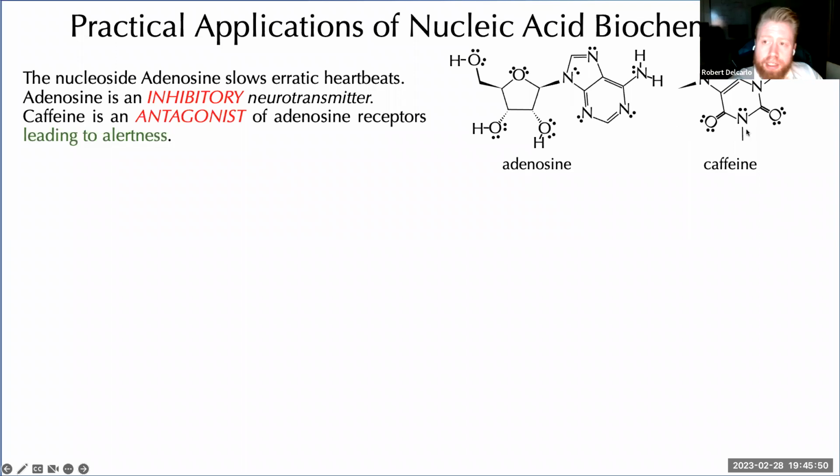Because it's such a similar structure, it will find the receptors of adenosine, sit in those seats, and it won't really allow adenosine to act. And so we would call that a competitive antagonist, competitive inhibitor, rather, of the neurotransmitter adenosine. So if you inhibit an inhibitory neurotransmitter, then a negative plus a negative is a positive. And that's where caffeine gives us our feeling of alertness.